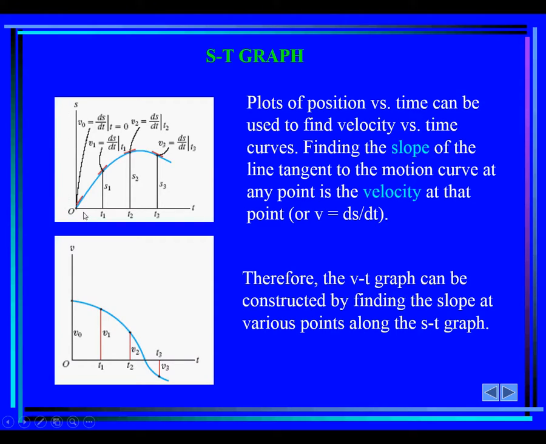If you have the position as a function of time, the blue graph, you will see that the initial velocity is ds/dt at t0. v1 at that position would be ds/dt at t1. This would be ds/dt at t2, and this ds/dt at t3. So that way you can calculate the velocity. If you plot this, the velocity versus time diagram can be constructed by finding the slope at various points along the curve.